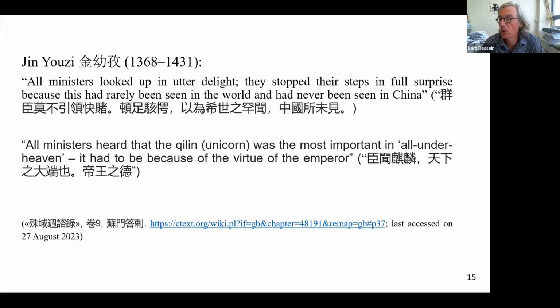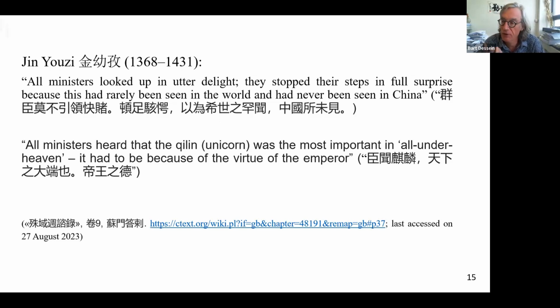Jin Youzi wrote a poem upon the return of one of these voyages that went to Africa, back to China, a voyage that brought along a giraffe as a present to the Chinese emperor, a giraffe that was likened to a unicorn, which is a very famous, very important animal in Chinese mythology.